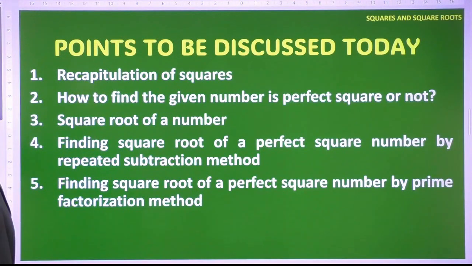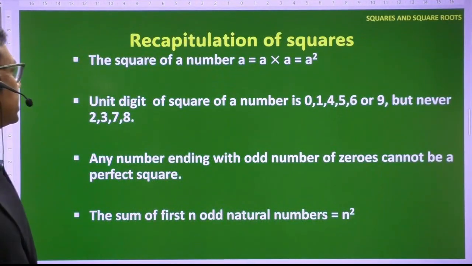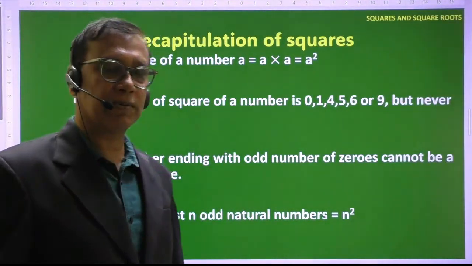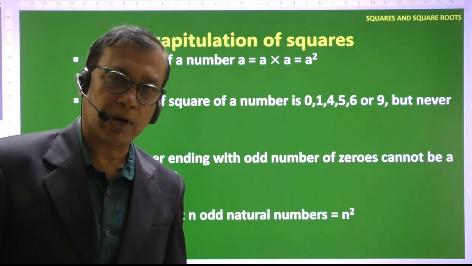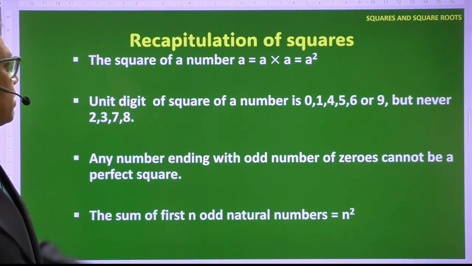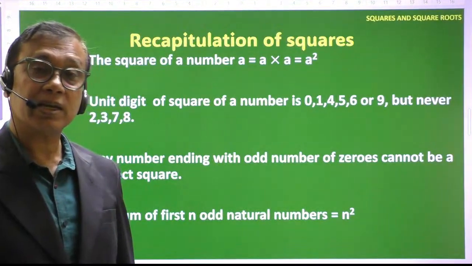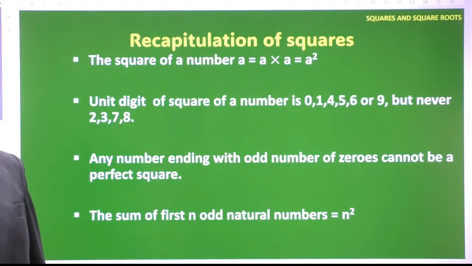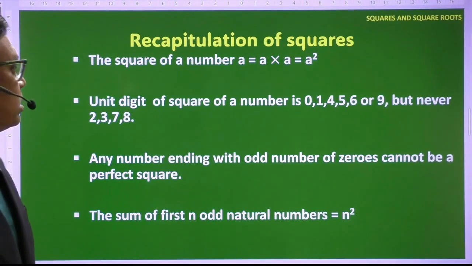Now first point is recapitulation of squares. That means in the last class what I have discussed briefly I will discuss now. The square of a number a equals a into a, that is a square. Yes, we have learned it.